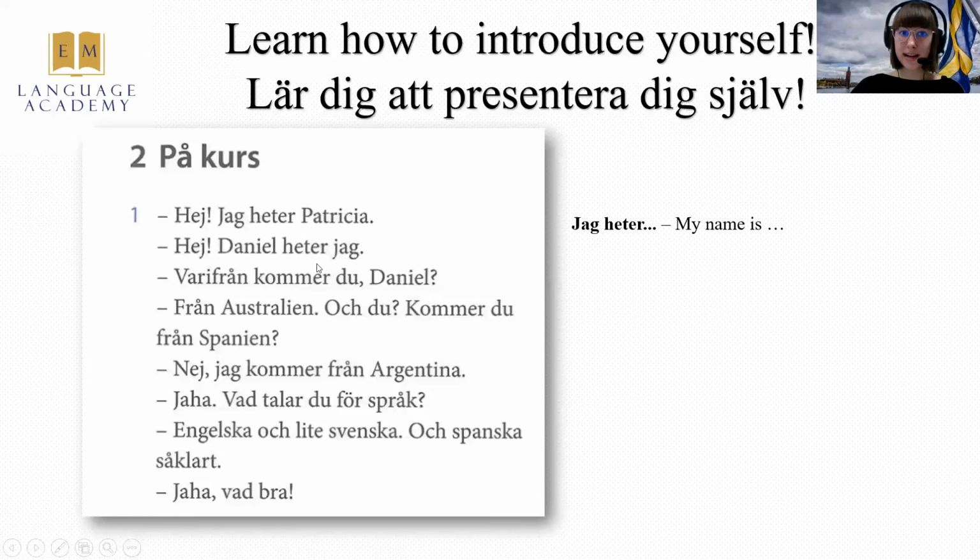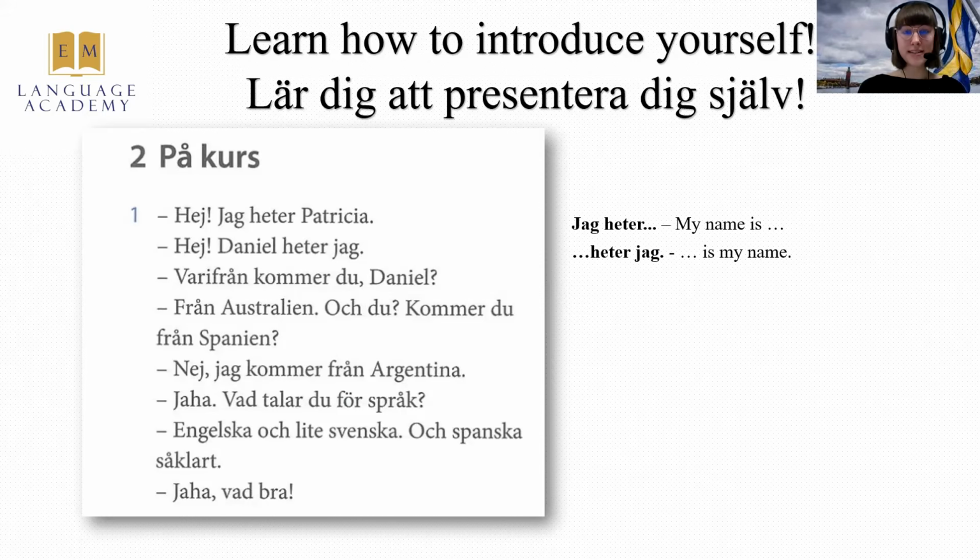Now, the boy's answer. Hej, Daniel heter jag. Right? So an alternative construction to say that my name is to position your name at the initial position of the sentence. Daniel heter jag, right? This is something that we linguists call fronting. Why is this done?